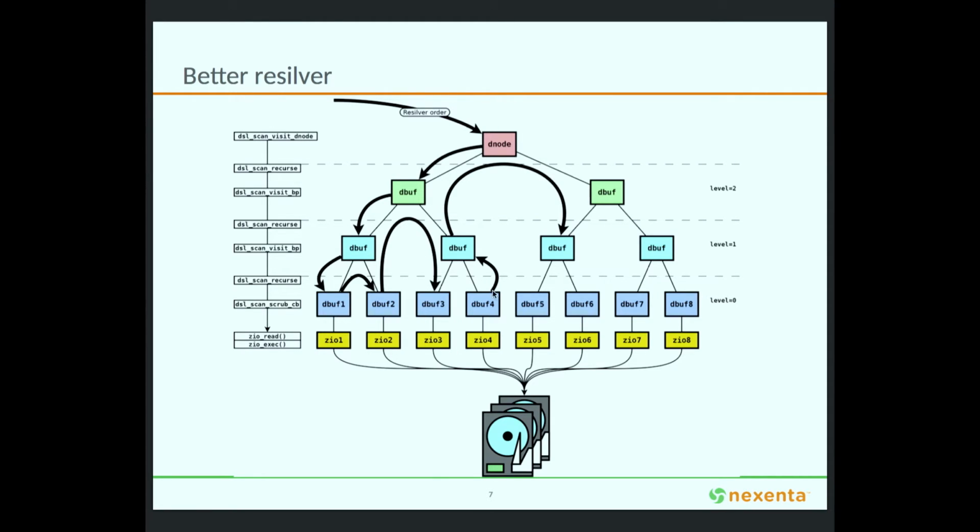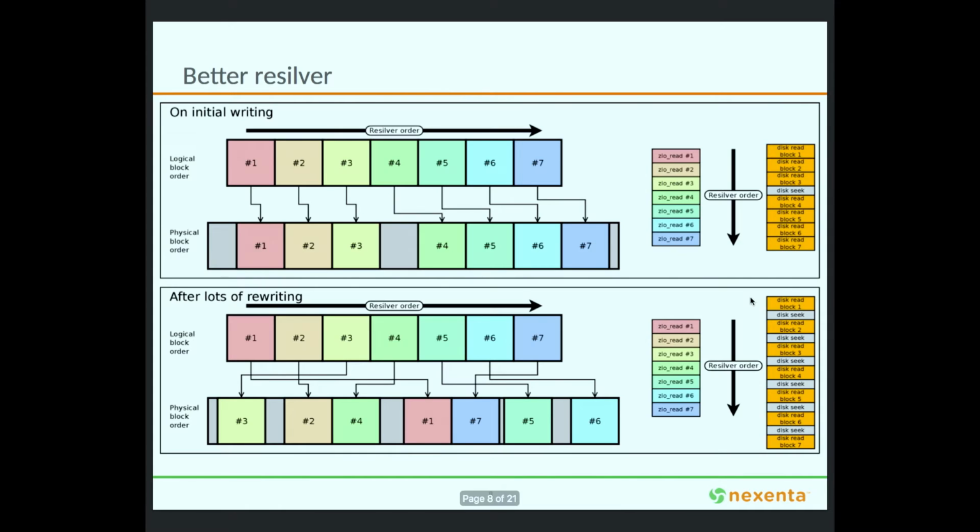You just keep following this tree structure until you've consumed everything in sequence in the object itself, issuing I/O as you go. Now, this all works very well if you're on initial layout.